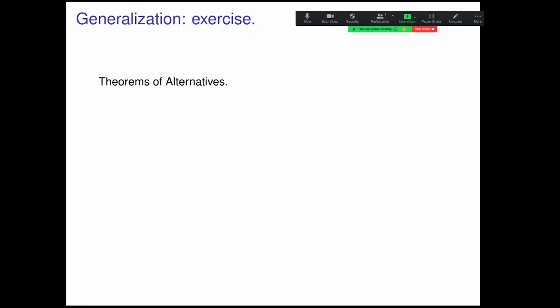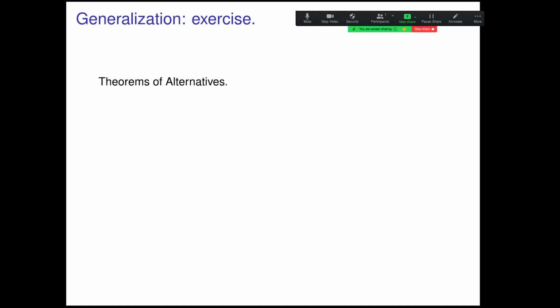What's another alternative you saw again in high school? When do linear equations not have a solution? Parallel lines, okay? Or another way to say that is when you can add them up and get 0. So that's just another problem. How do I add up these equations to get 0?